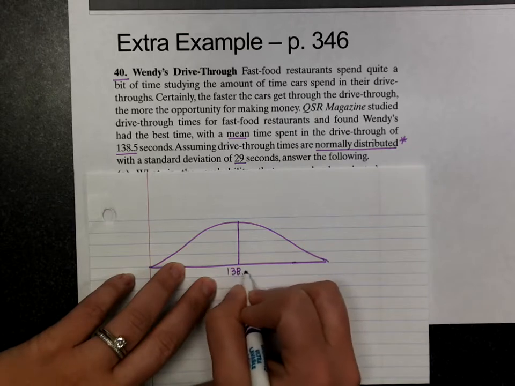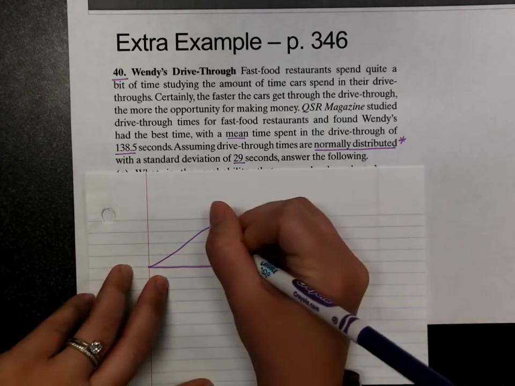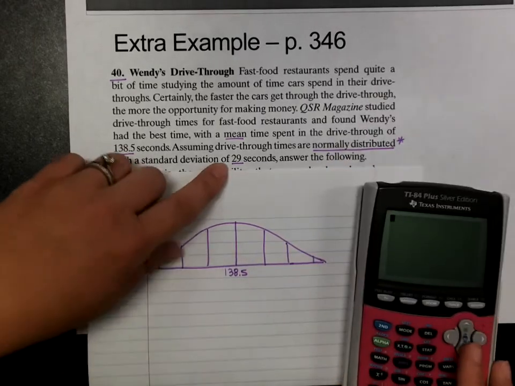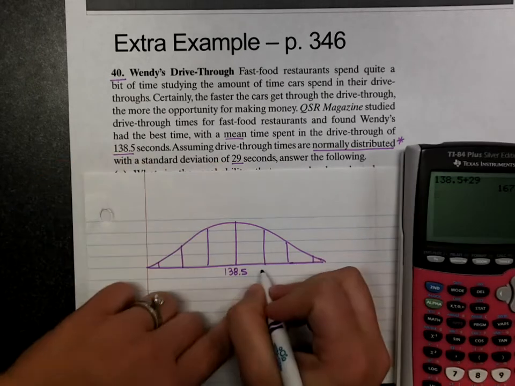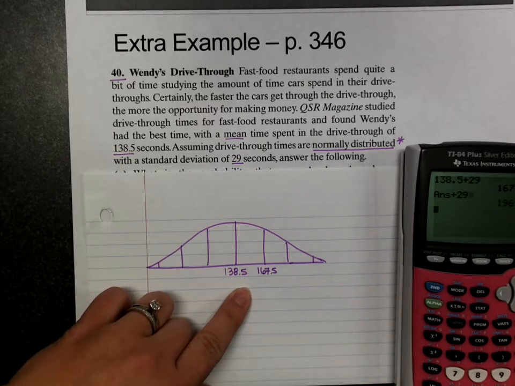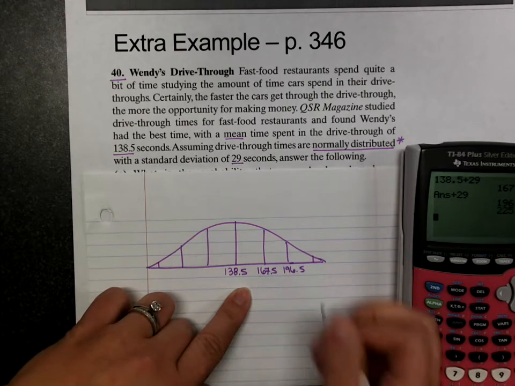So our mean was 138.5. 3 standard deviations in both directions. 29 seconds is our standard deviation. So we'll add 29. 167.5, add 29 again, and add 29 again.